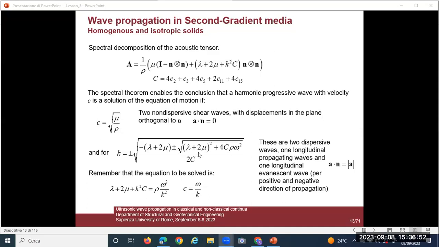So you've got one evanescent wave and another with a complex wave number, which means a wave that propagates but whose amplitude is attenuated while it propagates in space.